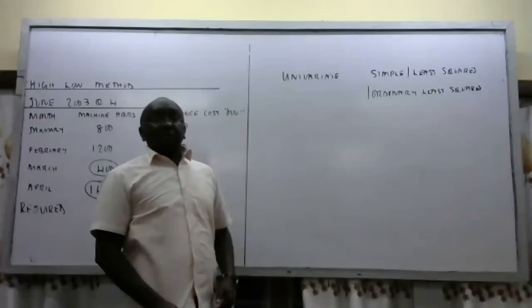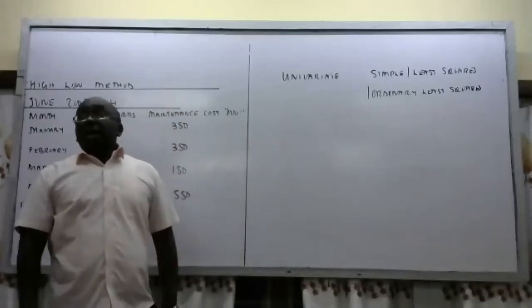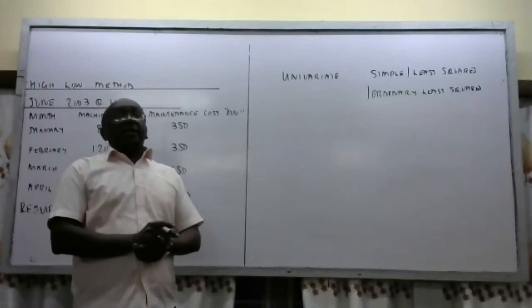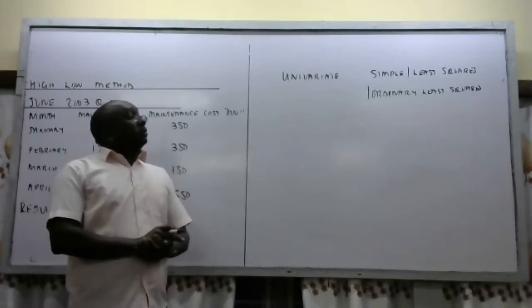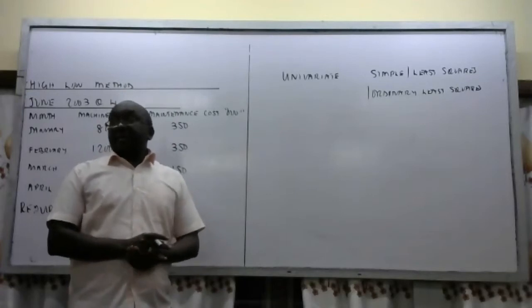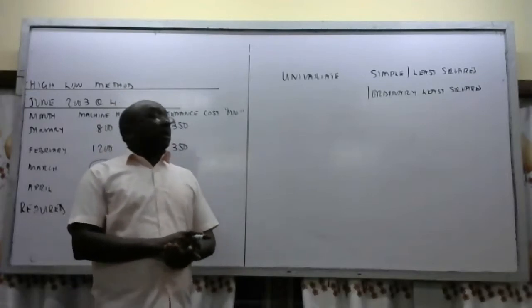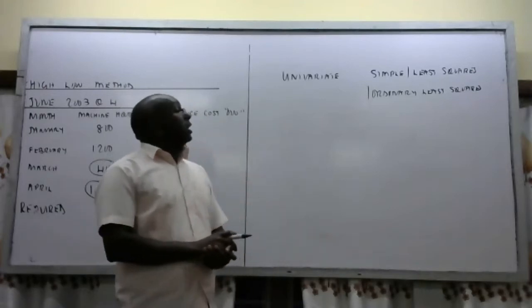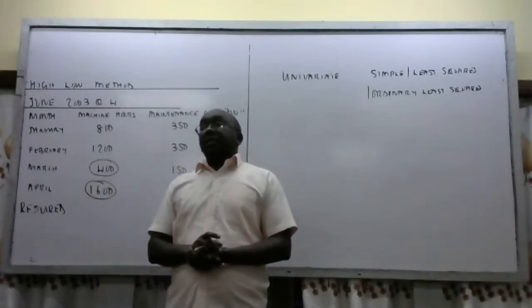So it has 3 names. You can just call it simple analysis. You can also call it least squares. You can also call it ordinary least squares.